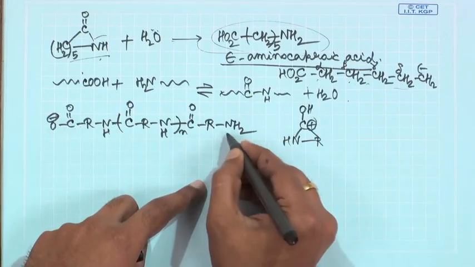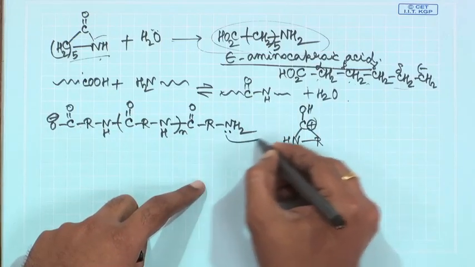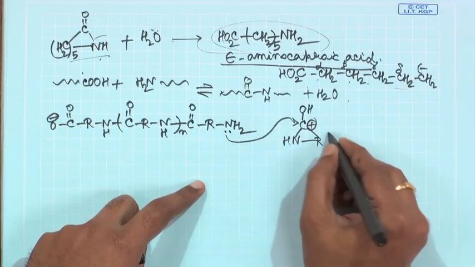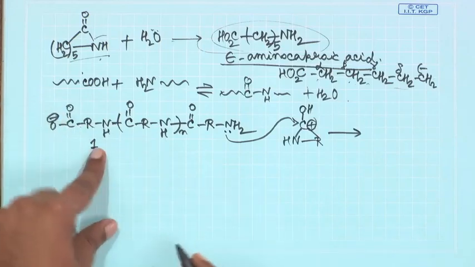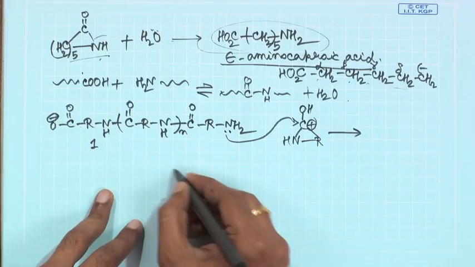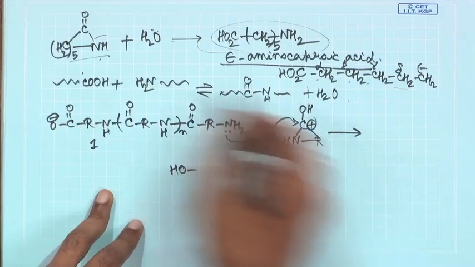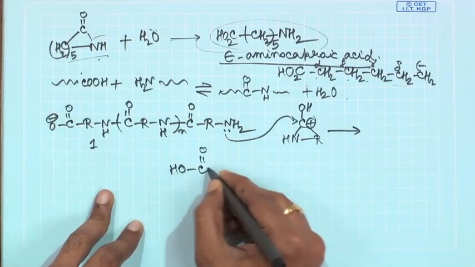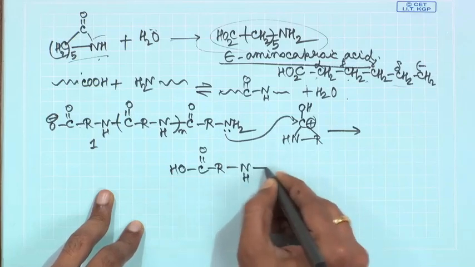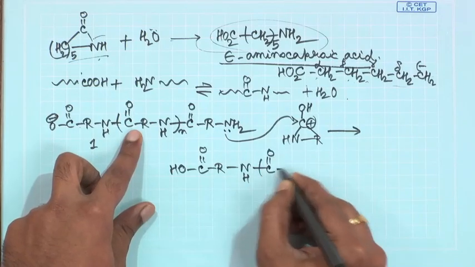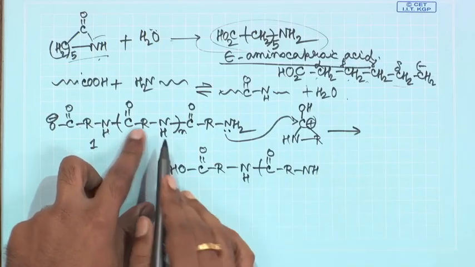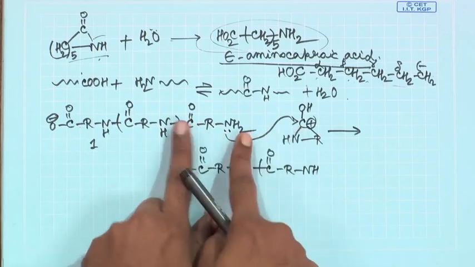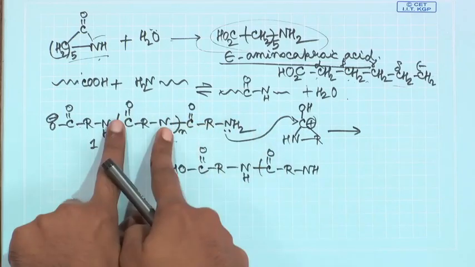How? Now, this lone pair here can attack and open up this ring. Let us say this is the number 1 species, and then what you will get is this, and then this proton exchange, you put the proton back here. So, what you will get is COR NH. Now, this also will be a part of the amide, so this unit can come in here because this will become a repeat unit.